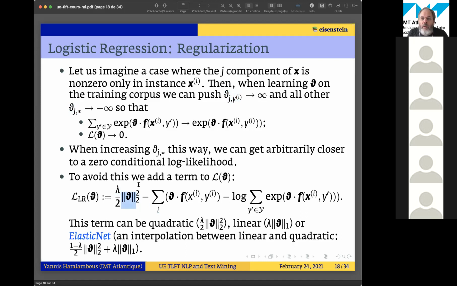Taking the norm will be big depending on the absolute value of theta. And if theta is a vector, it will be the module of this vector. And if it's a matrix, it will be the sum of squares of all cells in the matrix. And this will strongly prevent having big values of theta.